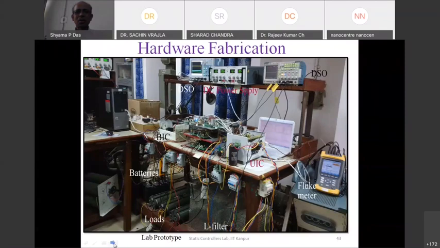So the system is basically controlled by a DSP. The DSP is programmed from the computer. We have the power quality analyzer to measure the harmonics which are generated by the current, the total harmonic distortion. So this is a view of the overall system in the laboratory. Next slide, please.